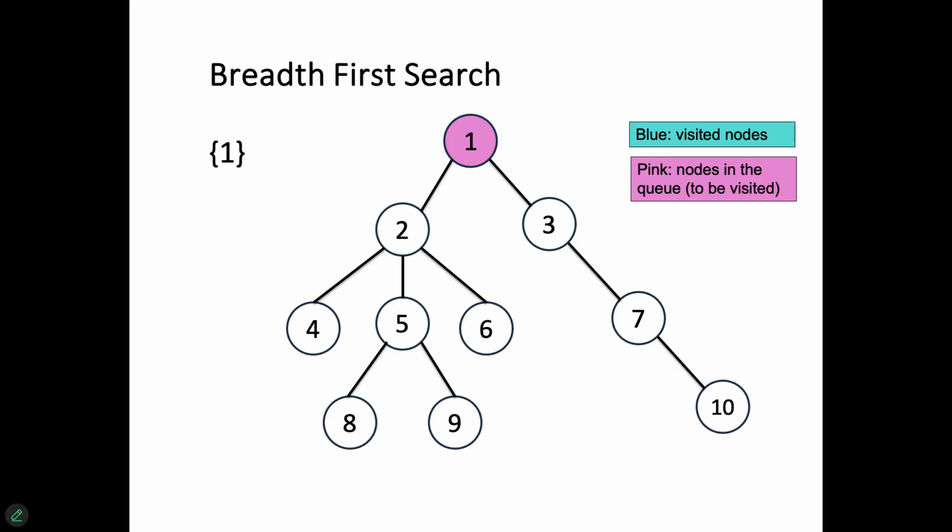Then we mark it as visited because we expanded 1 to 2 and 3, because these are the only two ways we can go. So our frontier at this level is 2 and 3.